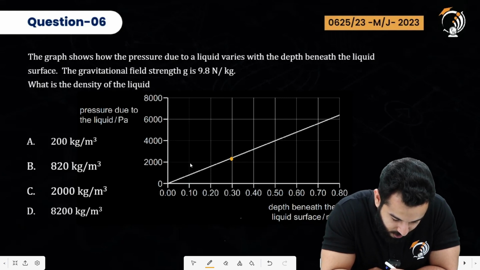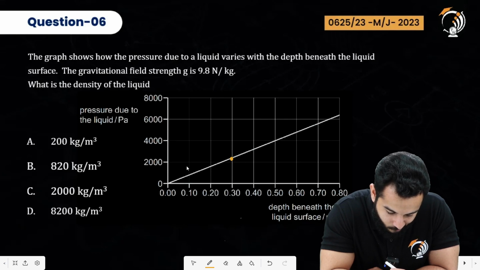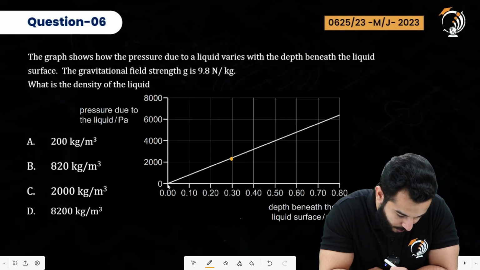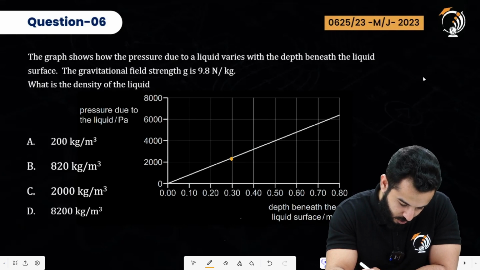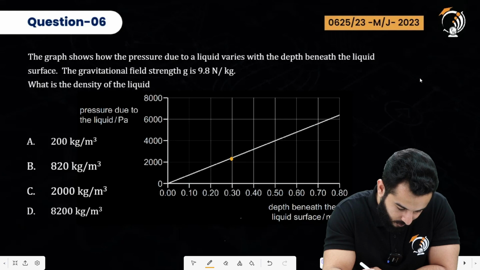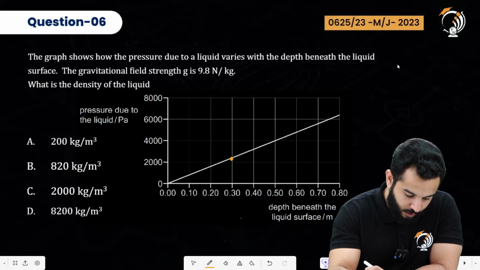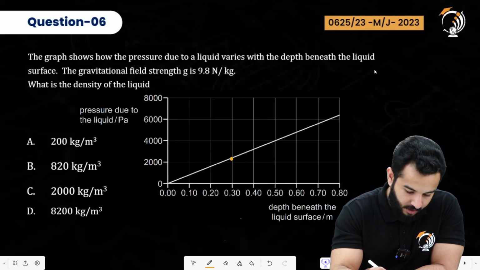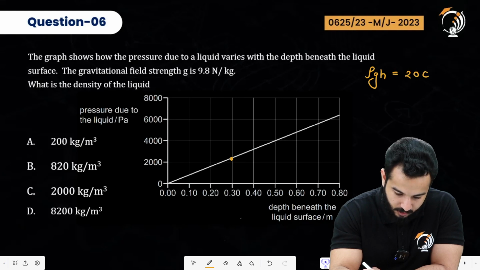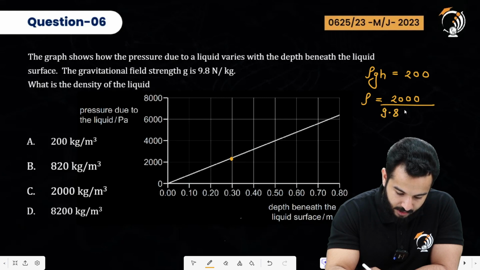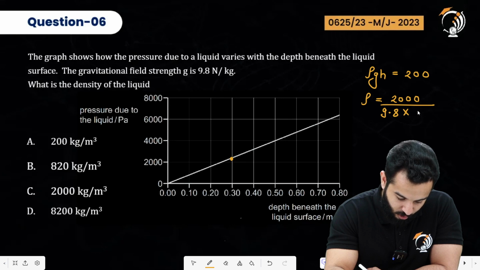Well, it's a little hard for us to see it, but I think this will be the point. Although it's not absolutely correct, it's a little less than 0.30, but still, to find the density, we know that rho gh is equal to pressure, and let's say the pressure is 2000. So rho is equal to 2000 divided by 9.8 times the height, which they have given us as 0.30, and I think it is a little less than that, right?